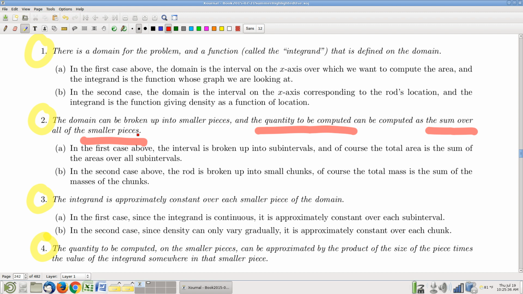So surface area of a solid does not have this feature. This is what I like to call an accumulating quantity. Some quantities have the feature that when you chop up the domain into little pieces, the total quantity is exactly the sum of the associated little quantities.